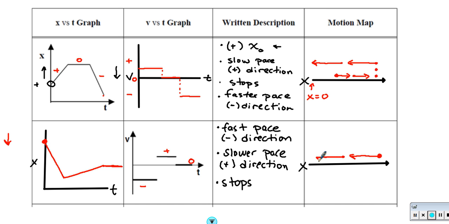Again, 2 arrows gets me insight into the fact that the object's moving fast. And then it's going to be moving back to the right at a slower pace. So I'm going to bring my next dot up here, and I'm going to draw arrows to the right that are smaller. And then finally the object comes to a stop. So placing a few dots that's stacked up shows that the motion is constant for a while where the object doesn't move.